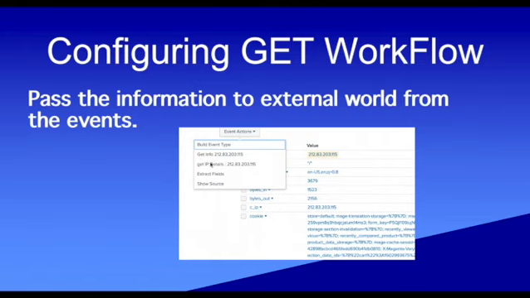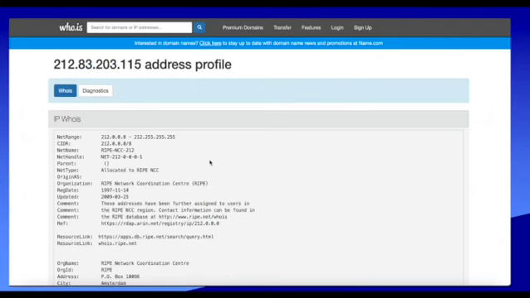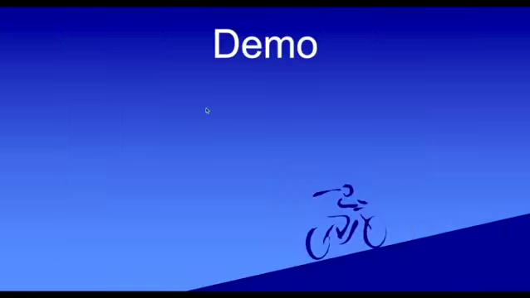These are two I have created for demo purpose. One more I have created. Once you click over here, it will go to the external source and provide you the output.